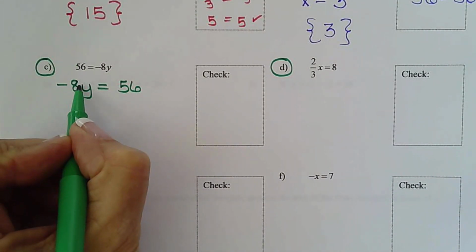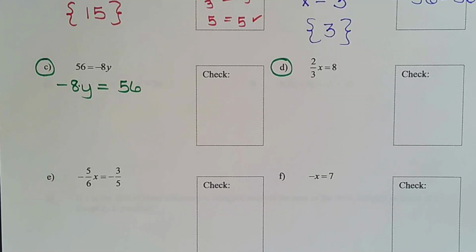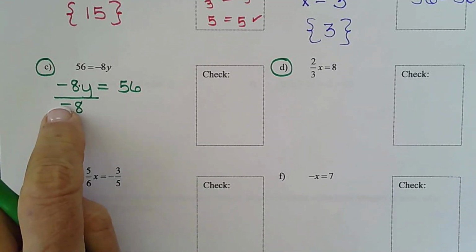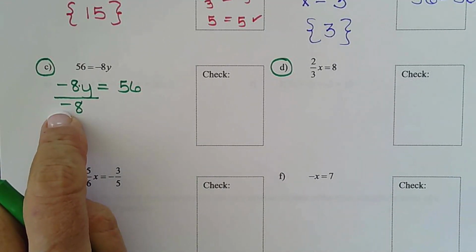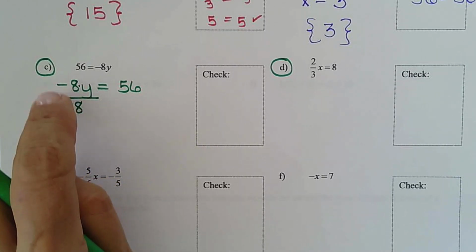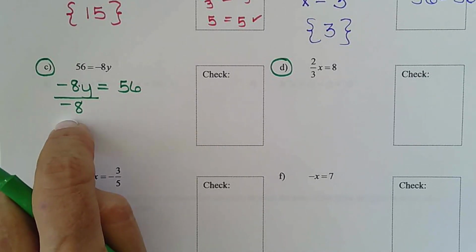Okay, on this first one, that is times. The opposite of times -8 is divide by -8. And some students will write +8 there. No, that's addition and subtraction when you change the sign. This is opposite of times -8 is divide by -8.